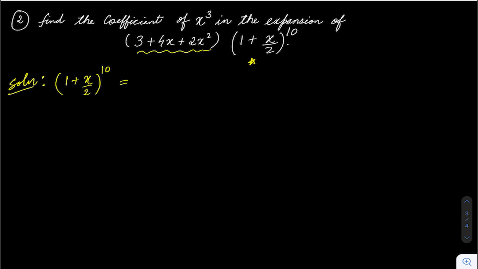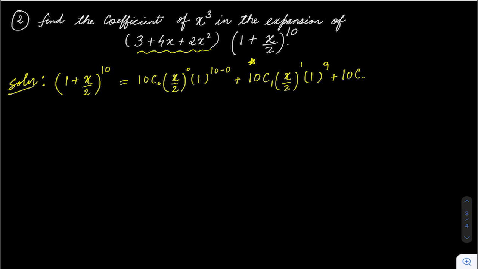So first term will be 10c0 (x by 2) power 0 into 1 power 10 minus 0, plus. Next will be, now keep on increasing 1. So it will be 10c1 (x by 2) power 1 and then 1 power 9, plus.